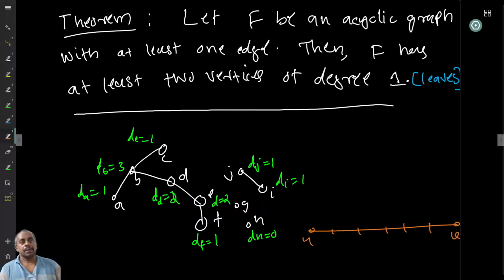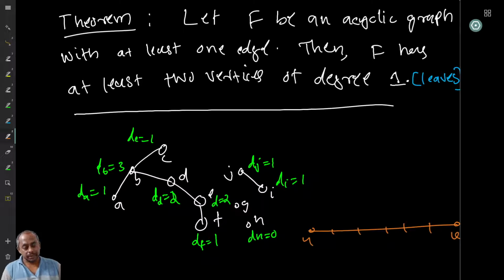So you have this path uv, which is a maximum length path in one of the components, any component that you are taking. We are looking at non-trivial components, so there is at least one edge. Now, what can we say about the degree of u? I claim that the degree of u cannot be more than 1. It has to be exactly equal to 1.